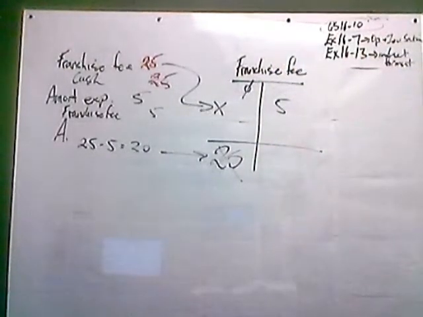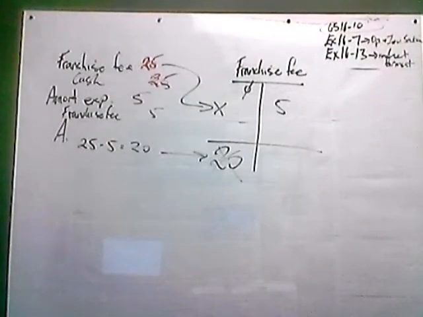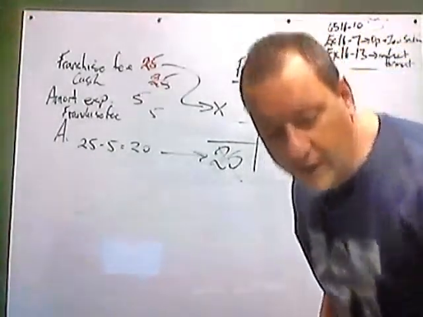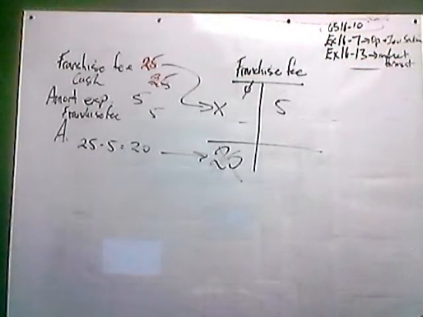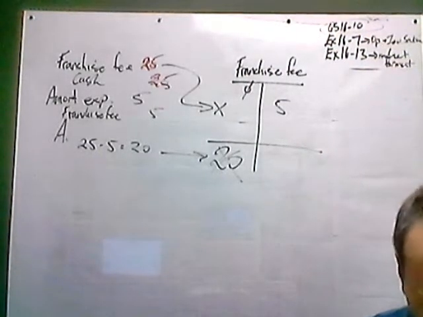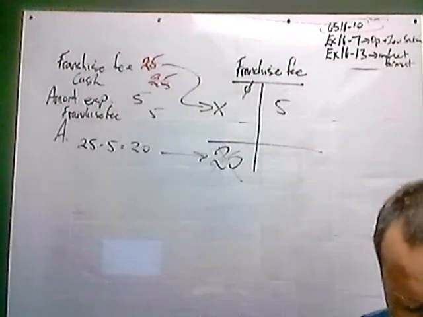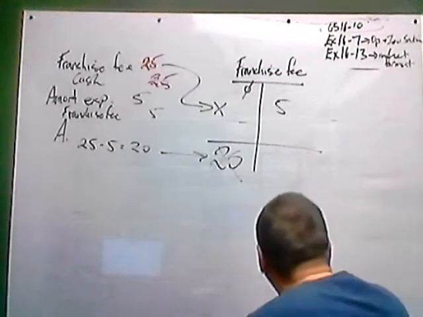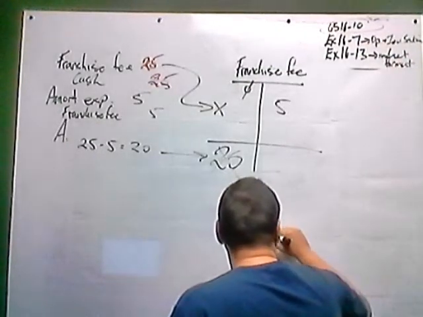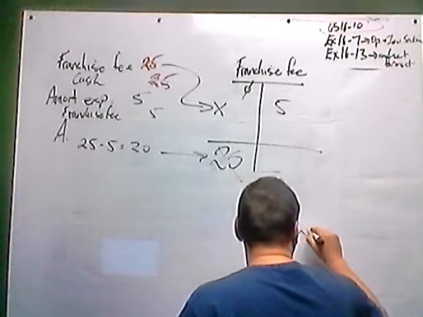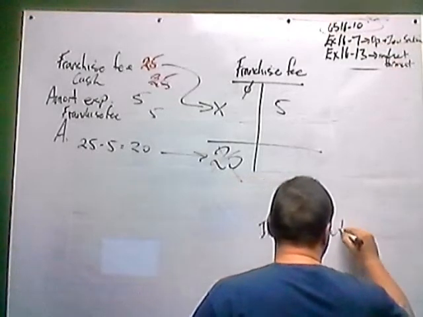Now it doesn't ask this in the question, but I'm going to set up our investing section as if we were creating a cash flow statement. So I'm going to have investing activities.